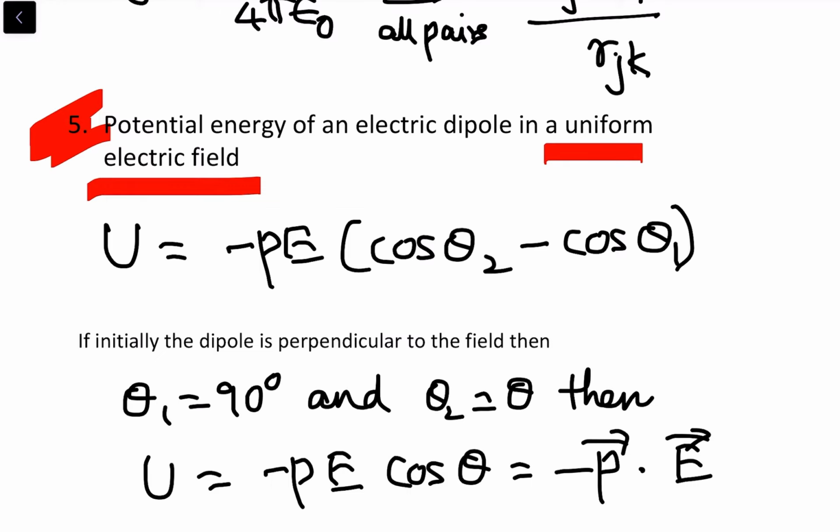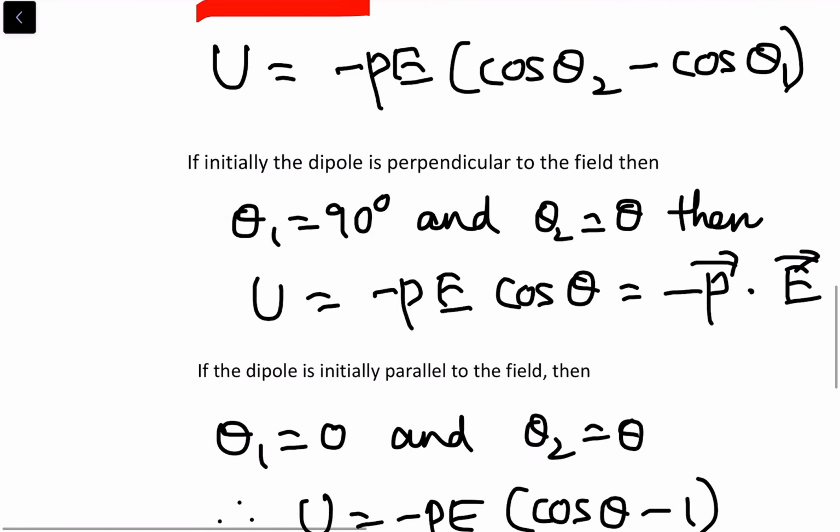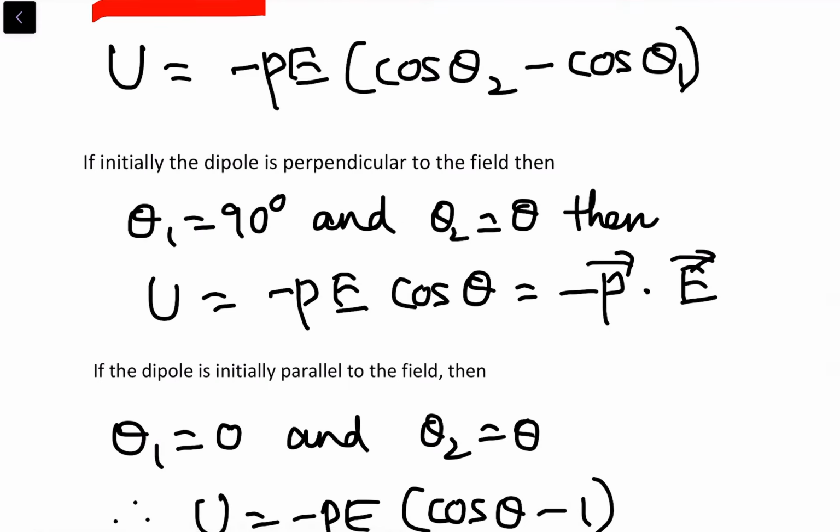If initially the dipole was perpendicular to the field, then theta 1 is equal to 90 degrees and theta 2 is equal to theta, let us say. Then U is equal to minus pE cos theta. Because it is cos theta, we can say it is the dot product of p bar dot E bar with a negative sign.